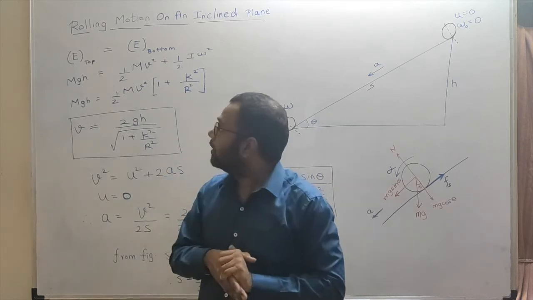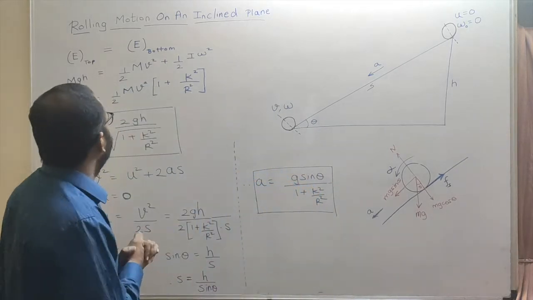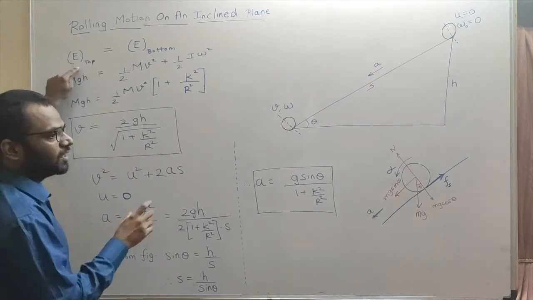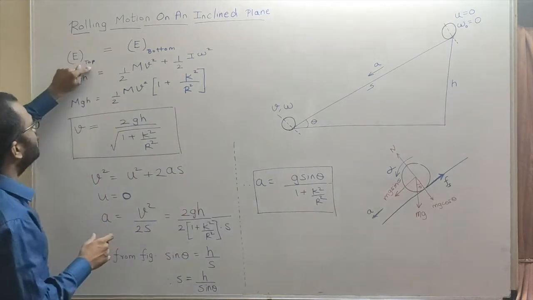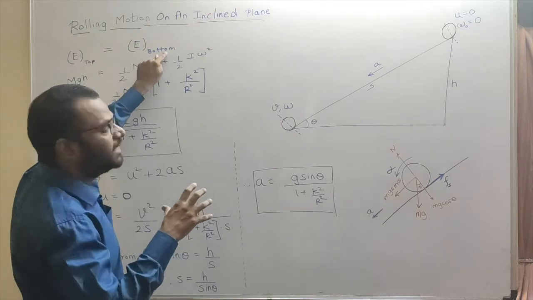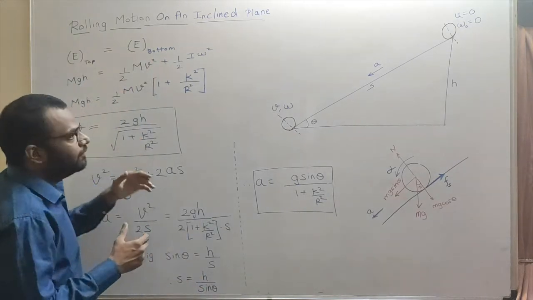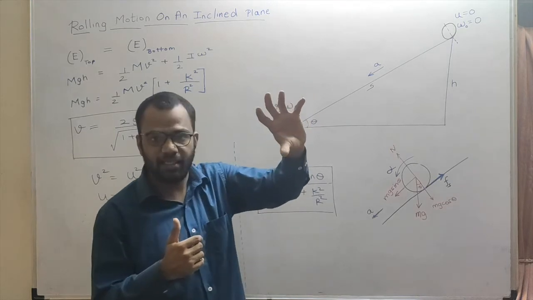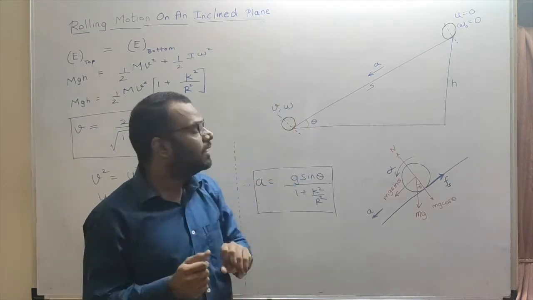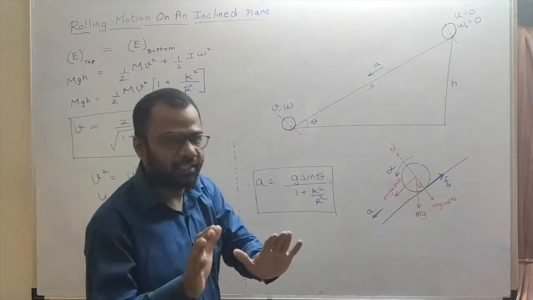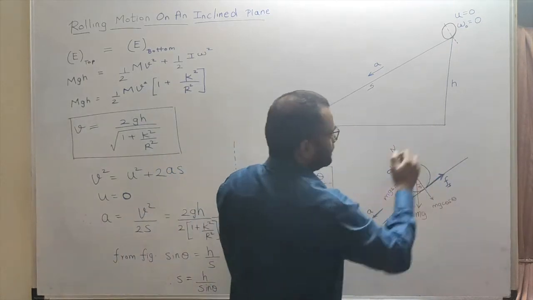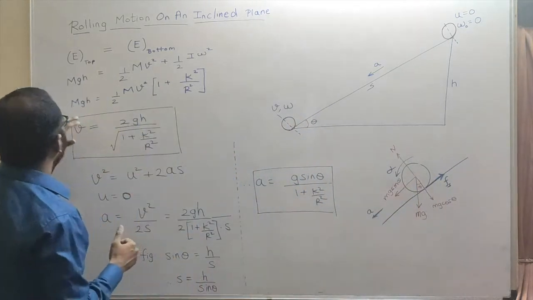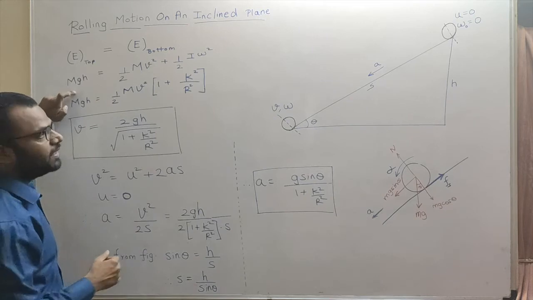Now look here, the same expression I have written over here. E denotes the total mechanical energy at top is equal to total mechanical energy at bottom. At top there is no kinetic energy, neither translation nor rotational, because the object is at rest and not rotating, and hence the only energy is the potential energy, taking this as the datum. So mgh is the total energy at top.